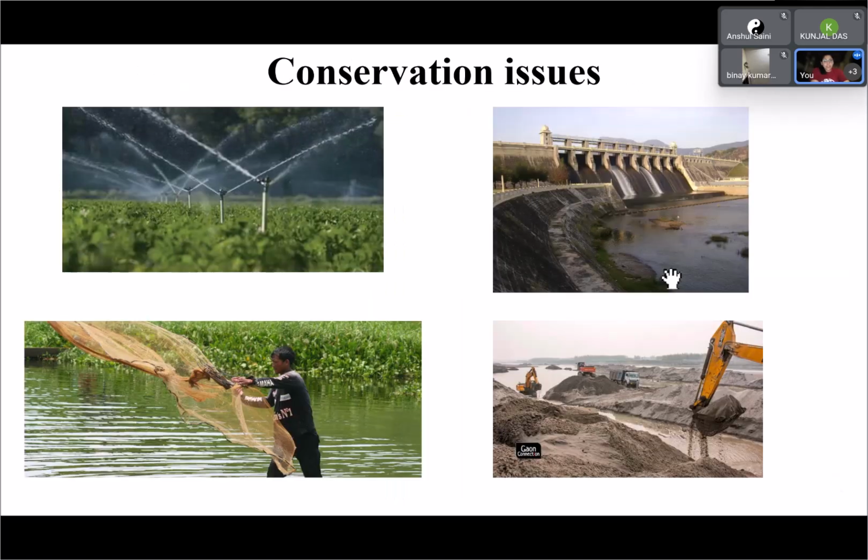Yes, and then summarizing all these different topics that we have read for India, let us begin with the conservation issues, basically highlighting the issues that are currently there once we know the resources that India has. So you see, mining, dam construction, overfishing, and the overuse of water in the fields.